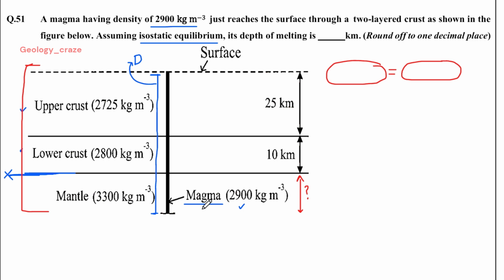This magma is intruded in the mantle, so it means the magma is generated somewhere here, and it intrudes into the mantle, lower crust and upper crust. They are mentioning a two layer crust. Don't go with this only, you consider these two, because part of this is in the mantle also.